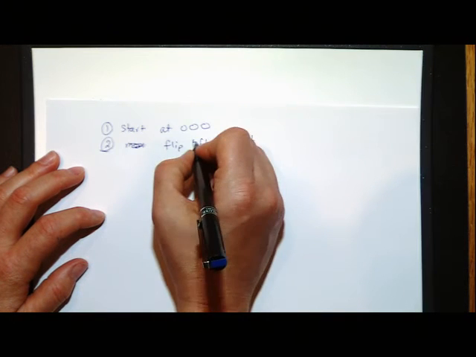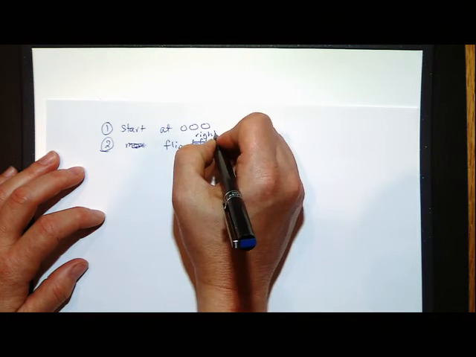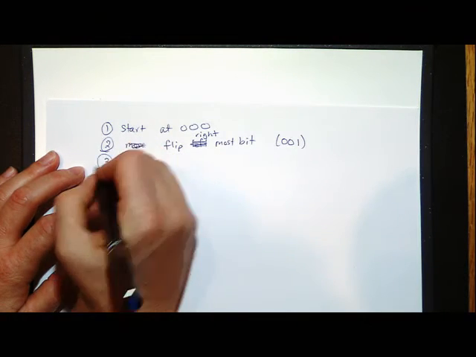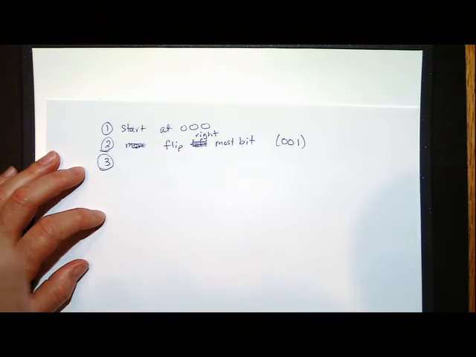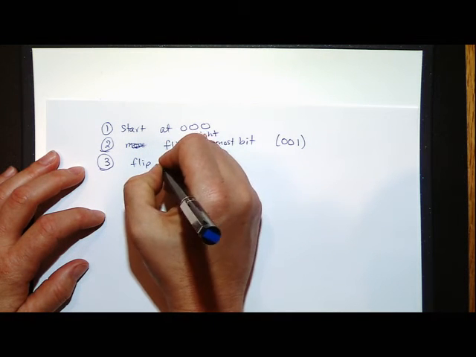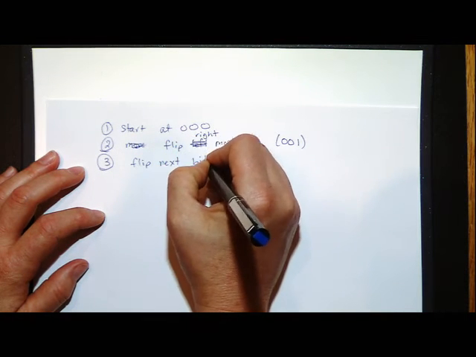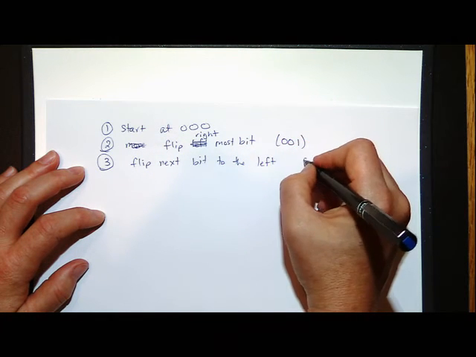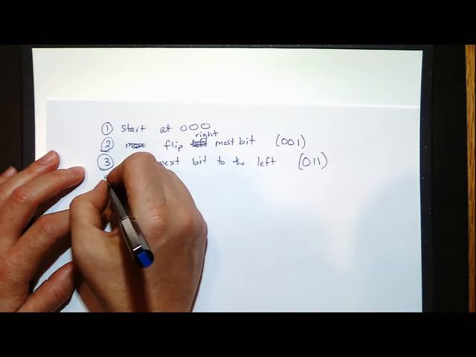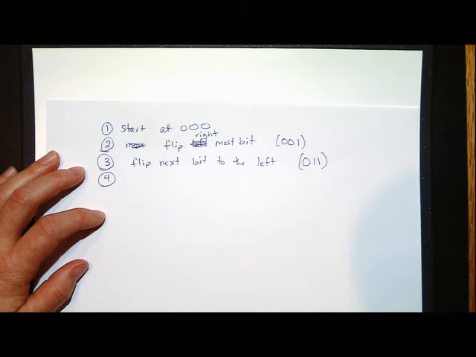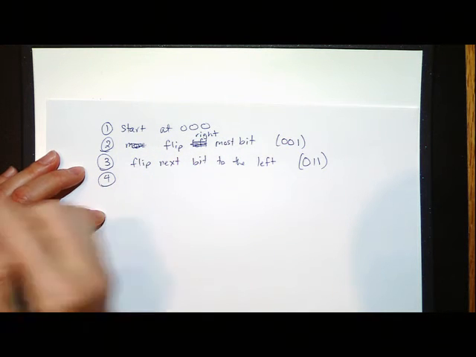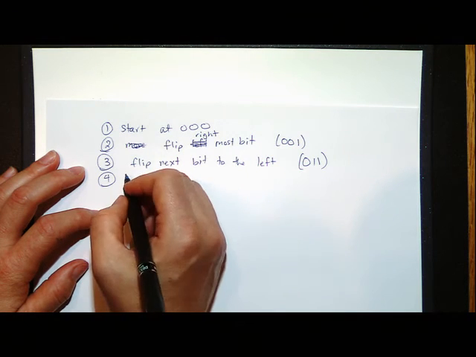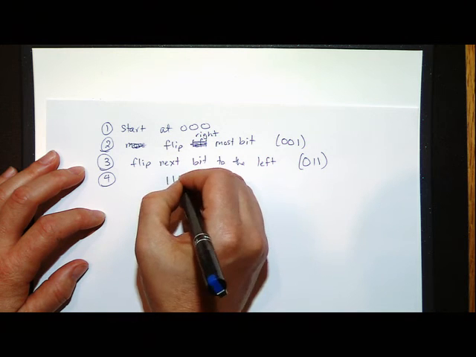Okay, so let's flip the rightmost bit. And then we flip the next one, right? Well, then we go to this one, right? So then we go to the next one. So we keep doing that again. So then we get 1, 1, 1.